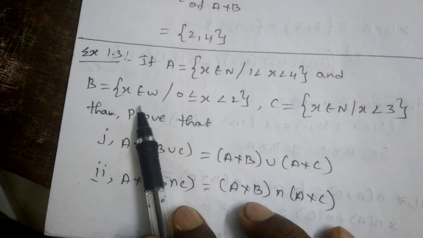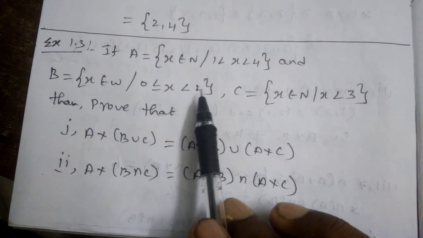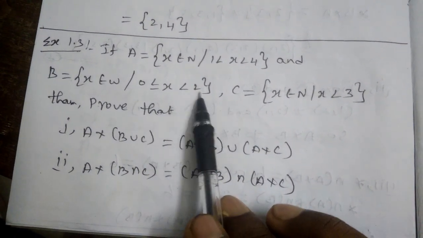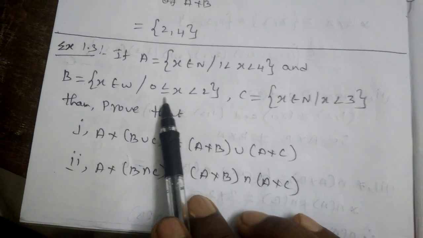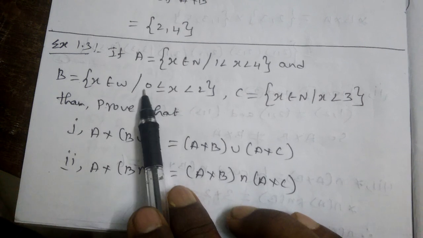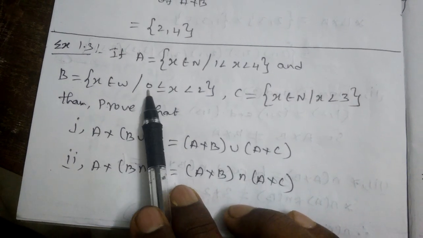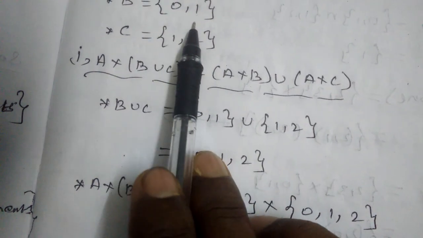So A is equal to {2, 3}. And second, B lies from 0 to 2 and includes 0, because of greater than or equal to, so we take 0, 1. So B is equal to {0, 1}.